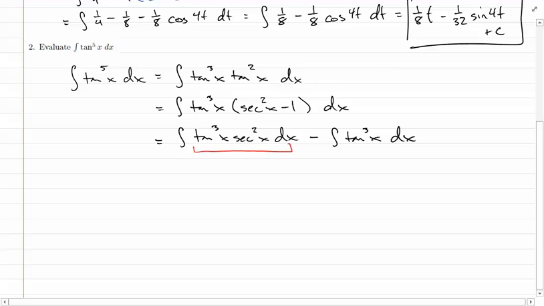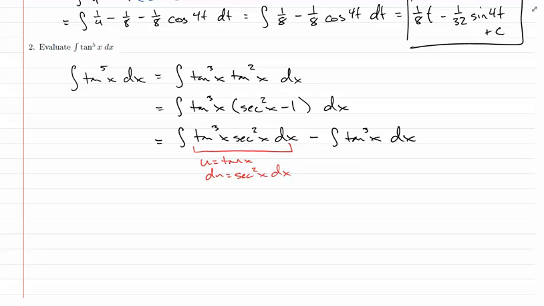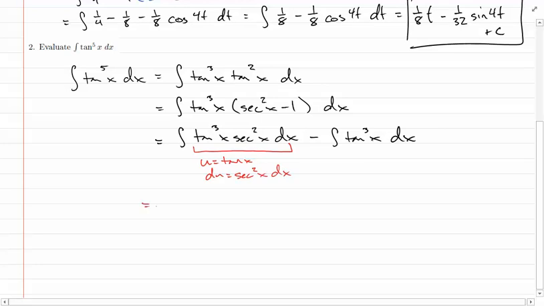This one can easily be handled by letting u equal tangent x. Because if u is tangent x, then du would be secant squared x dx, and that works perfectly. So that integral is just going to be the integral of u cubed du, which can easily be done.